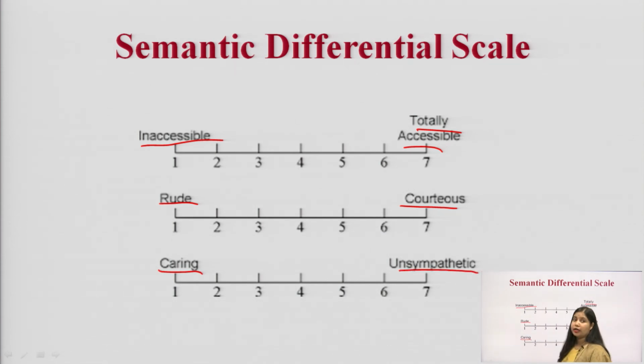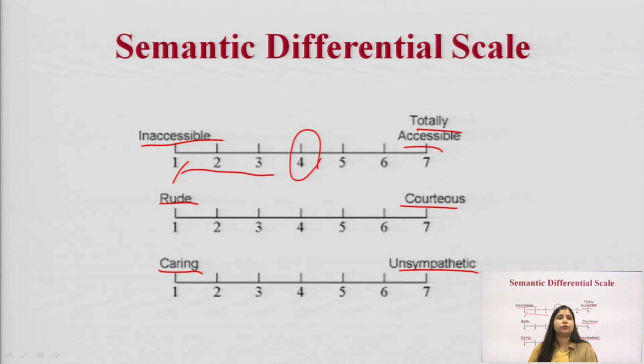You ask them to rate, and you give them the points. This is also an example of a semantic differential scale. Here the numbers are given, and if your response is toward this side, you can choose from any one of 3, and if you cannot decide, you may go for this option.